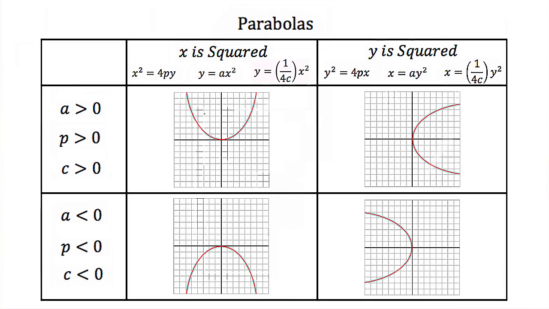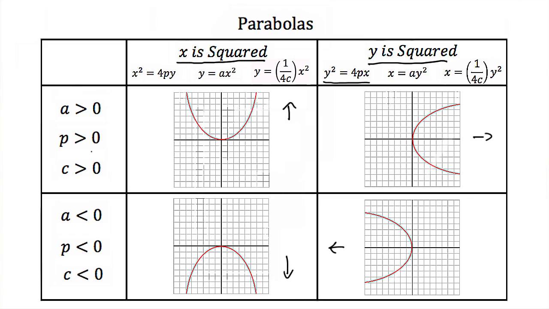Another thing that we need to know about parabolas is which direction they're going to open. If x is squared, then our parabola is going to open in either the positive y direction or the negative y direction. If y is the variable that's being squared, say we had y squared is equal to 4px, then our parabola is going to open in either the positive x direction or the negative x direction. Now, how do we determine whether it's going to be in the positive or negative direction?